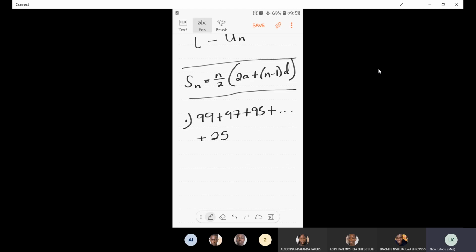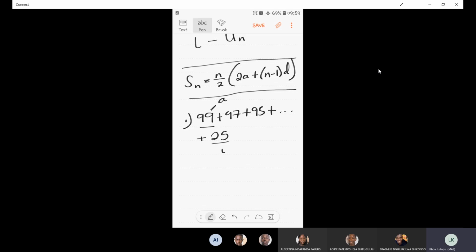So first you have to figure that out and then use that in your equation. So I know I keep adding numbers starting from 99. This will be my a. This here is my l. So I can use that formula if I want to, but in either case I need to know how many terms I have.